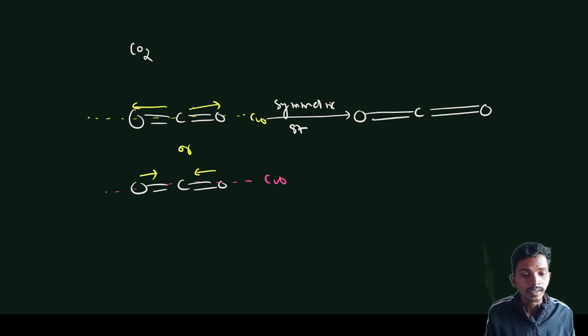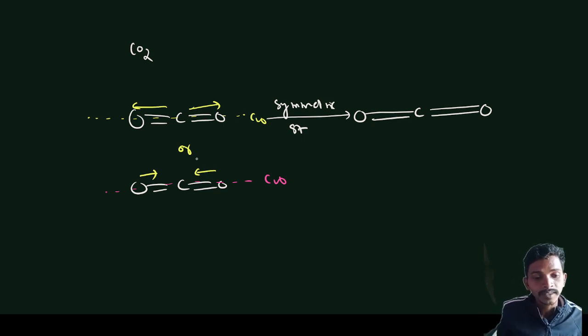Symmetric means I will stretch in the same directions by the same amounts. So if I stretch in this direction, I have also stretched in this direction, so I can say they are equivalent.